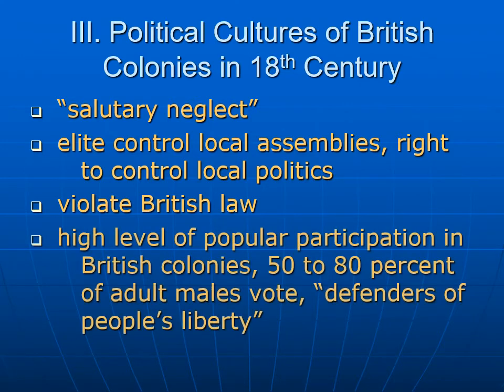Basically challenging the king. Though I've stressed to you in these early lectures that the only people who could serve in colonial legislatures that for so long were subject to this salutary neglect were white male property owners, and that the only people who could vote for those who served were, again, white male property owners.